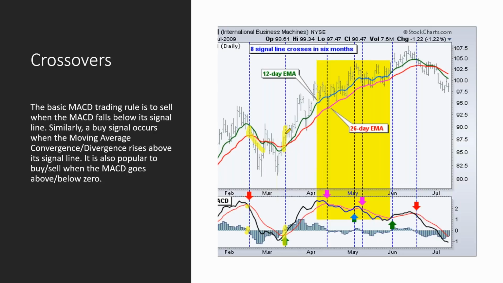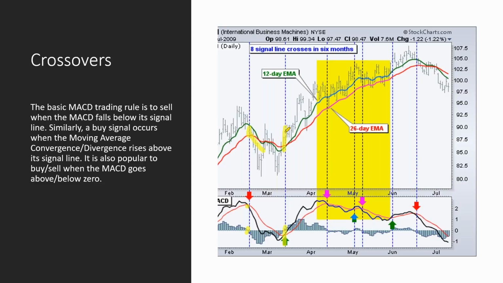Now, you're not looking at the crossovers on the moving averages on the charting indicator. Those are the EMAs we started with. You're only looking at the crossovers on the MACD and the trigger line or the signal line below. Because looking at the crossovers on the 12 and the 26 period EMAs is simply a basic moving average crossover strategy.